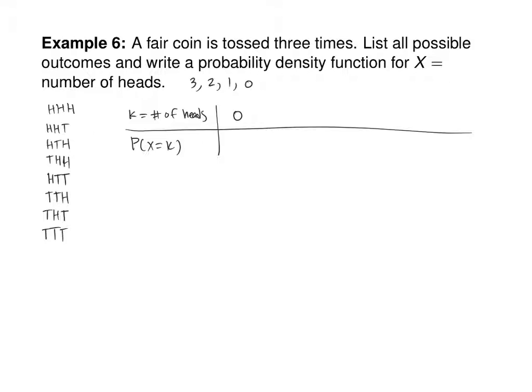So of those, how many have 0 heads? 0 heads. 1. Let's just put a check mark next to it because we counted it. How many of them have 1 head? 3. This one, and this one, right?